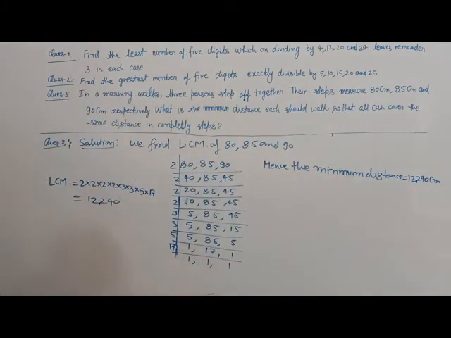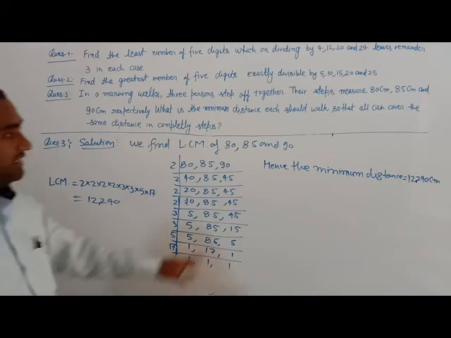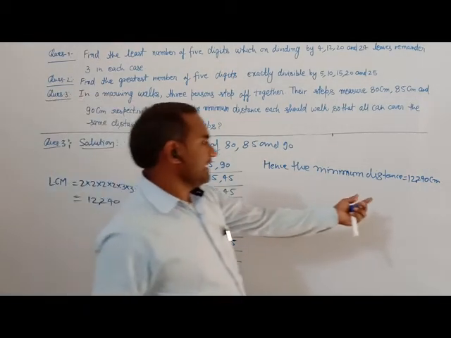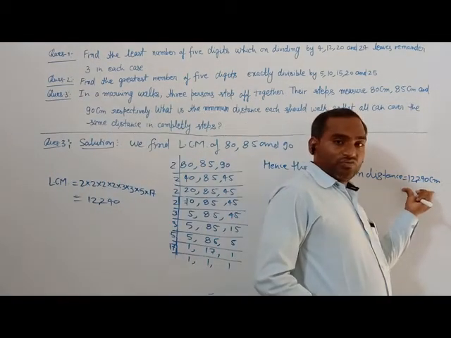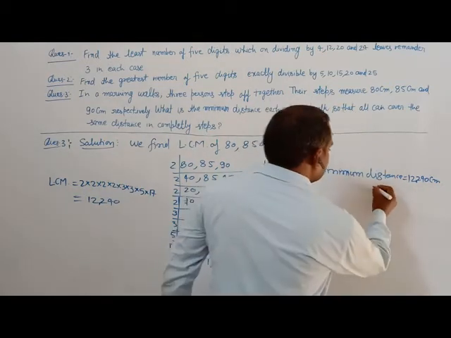This is the smallest distance which covers all three persons' complete steps. Now we make it into meter.